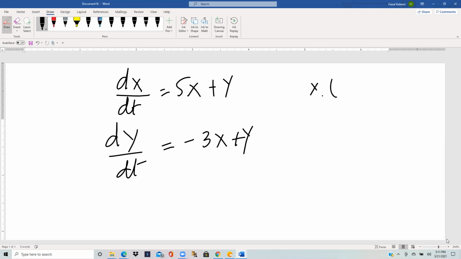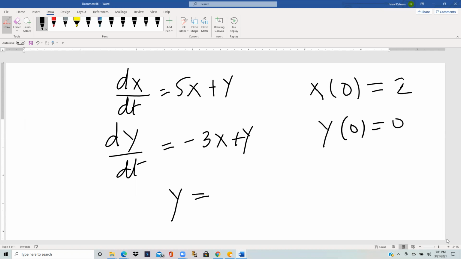And x of 0 was 2, y of 0 was 0. Okay, so y is equal to x prime minus 5x from 1. So let's say this is equation number 1.